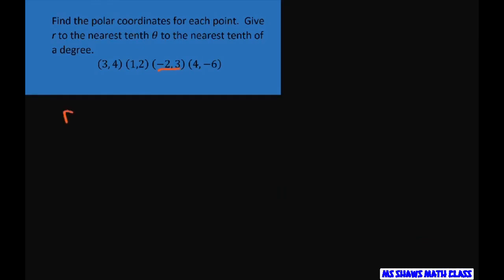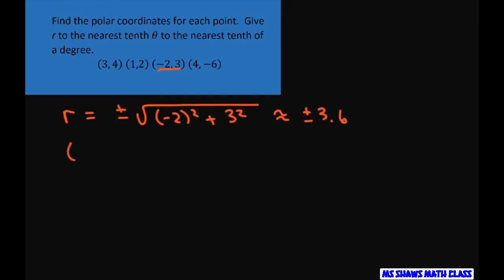Now the next one is this one. So we have r equals plus or minus the square root of negative 2 squared plus 3 squared, and that's approximately plus or minus 3.6. And our tan of theta is going to be 3 divided by negative 2.